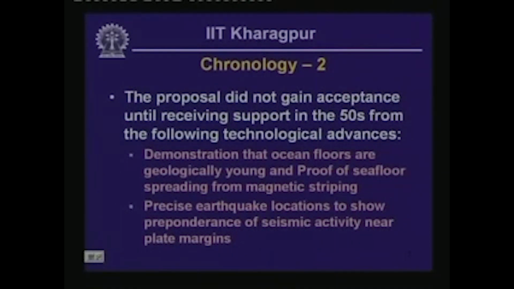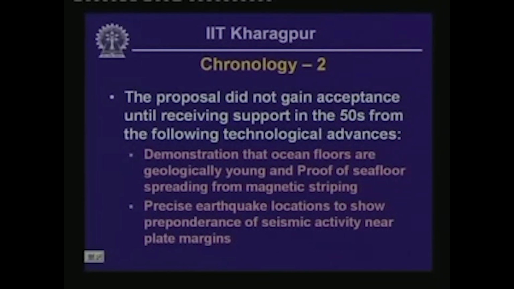Now the proposal of Wegener did not gain acceptance until the 1950s. From 1915, when he suggested the theory, to the 1950s, geologists did not pay much attention to the hypothesis of continental drift, because there was no direct evidence.